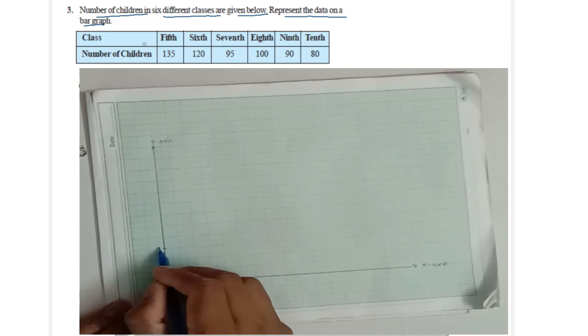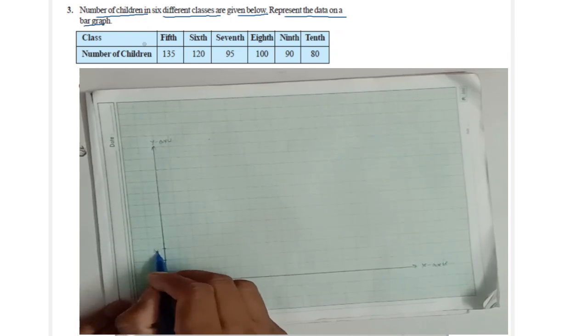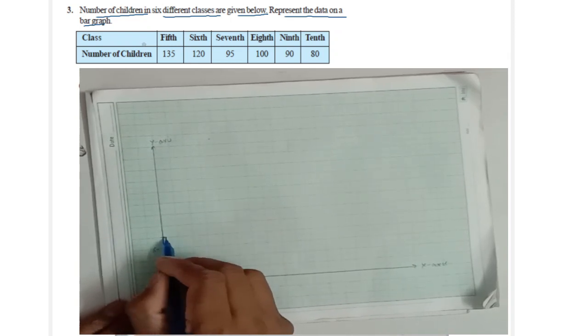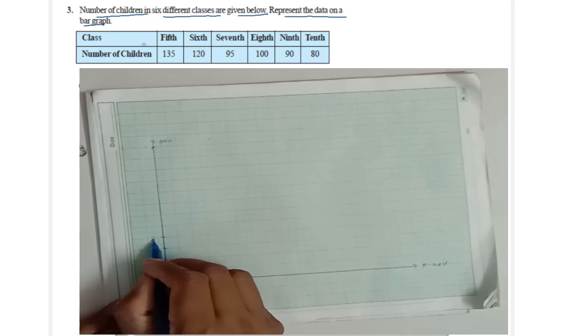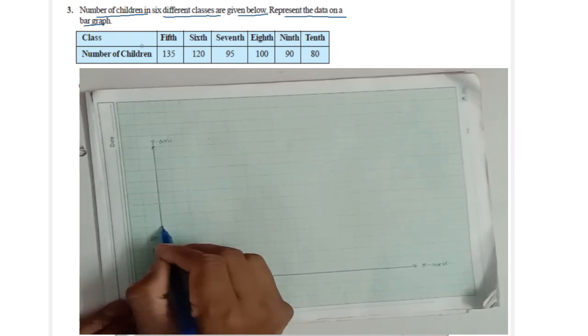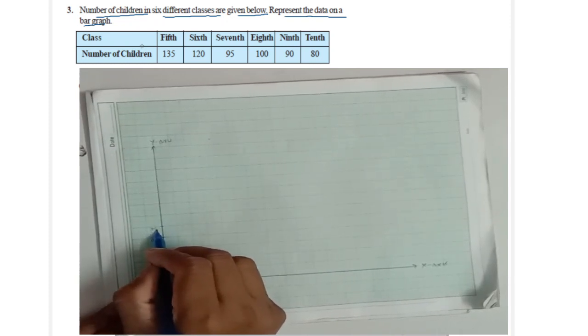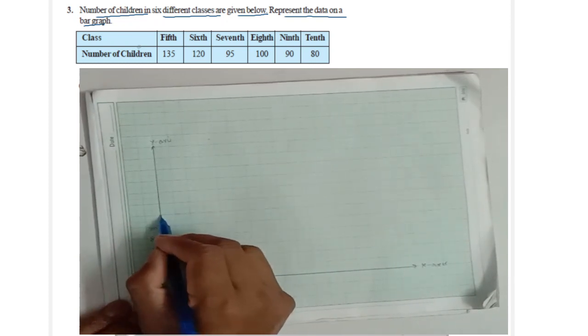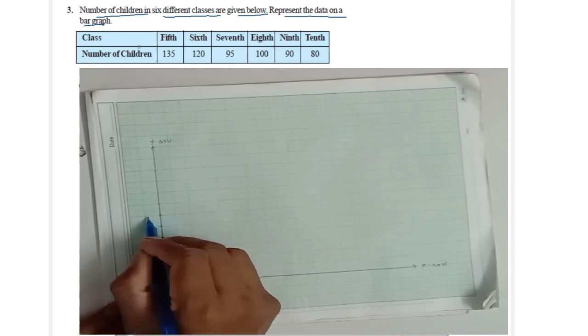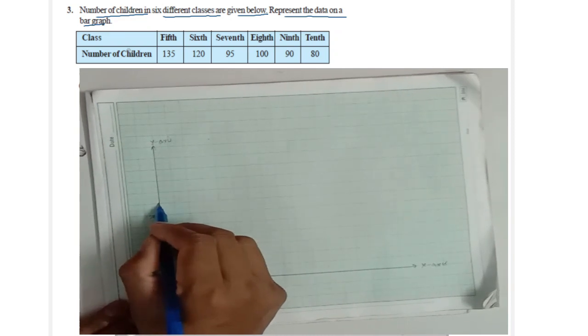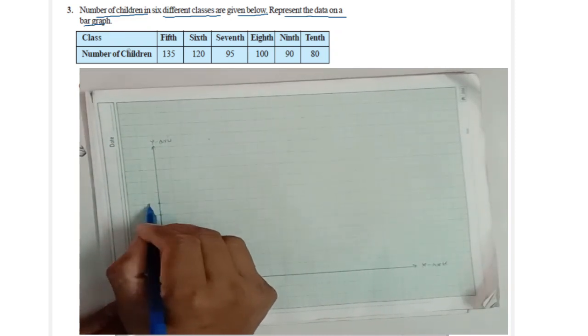Then next 60. Then next 80. Then next 100. Then next 120. Then next 140.